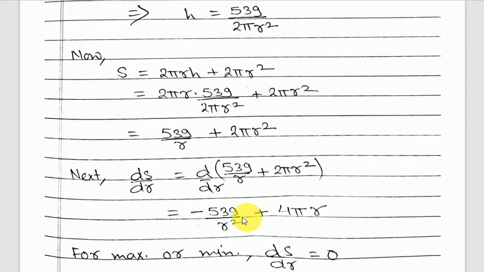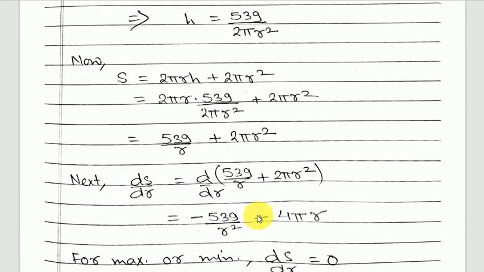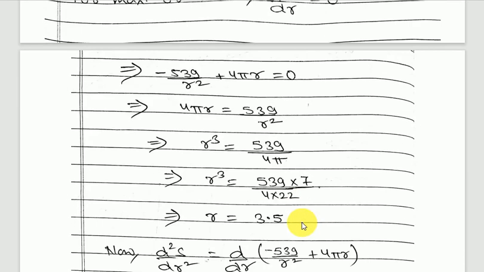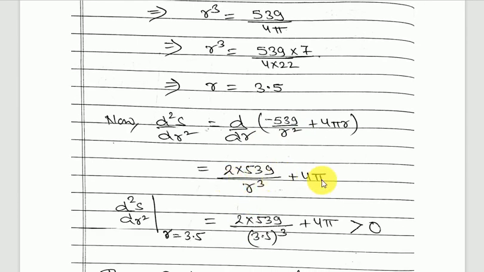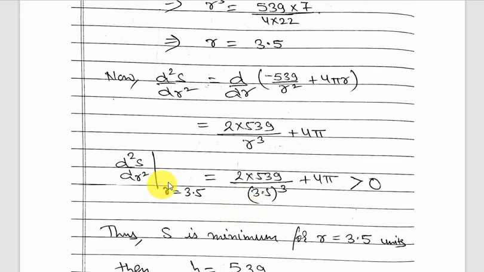For the second derivative, this is your first derivative, so differentiate this again with respect to r. After differentiating, you get 2 into 539 upon r cube plus 4 pi. Now the next step is to find this derivative for r equal to 3.5, so wherever we have r, we replace it by 3.5.